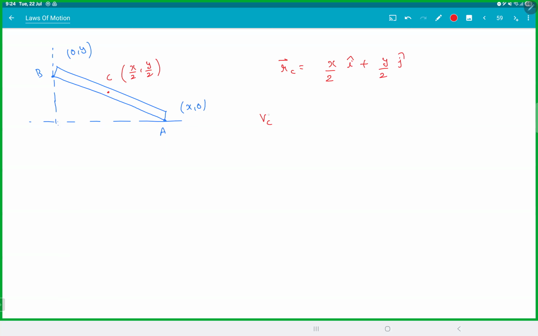That means velocity of C will be dr by dt. That comes out to be half dx by dt i cap plus half dy by dt j cap. So this is going VA and this is going VB. So this distance was x and this distance was y.